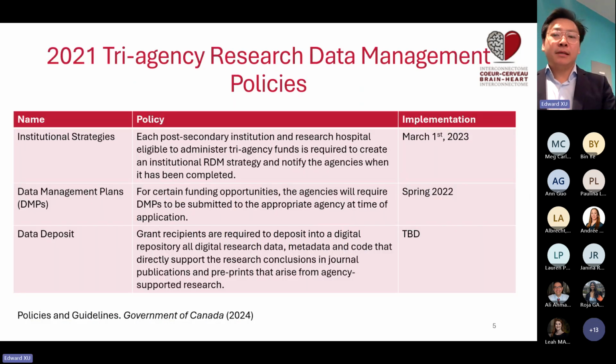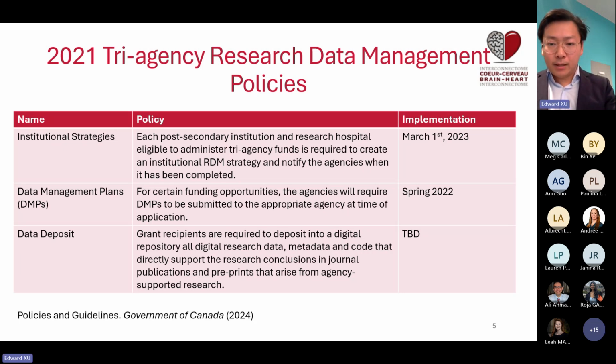Research data management is also an integral part of government policies. The 2021 Tri-Agency Research Data Management Policy has a few implementation components, which may require changes in the daily practice by research institutions and individual researchers. So for certain funding opportunities, starting spring 2022, the requirement for data management plans will be gradually rolled out.